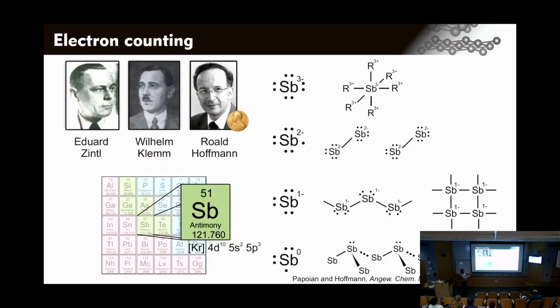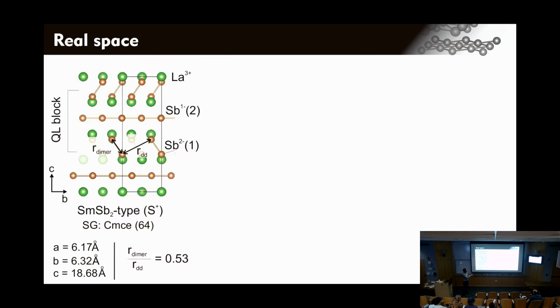Okay? And if I have 2-, this would like to form dimers like this. So you get eventually some configuration where you have some intradimer distance, R dimer, and interdimer distance, RDD, and this is some ratio that we can come up with.